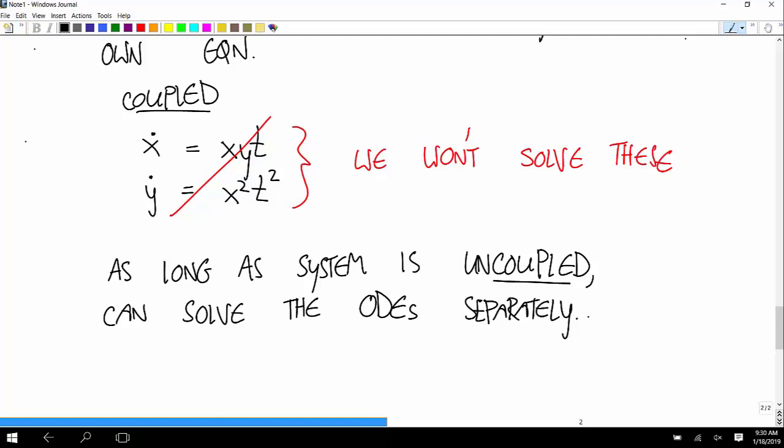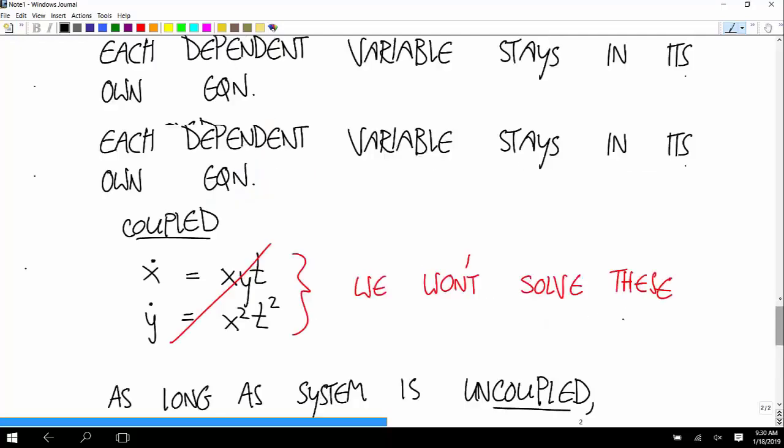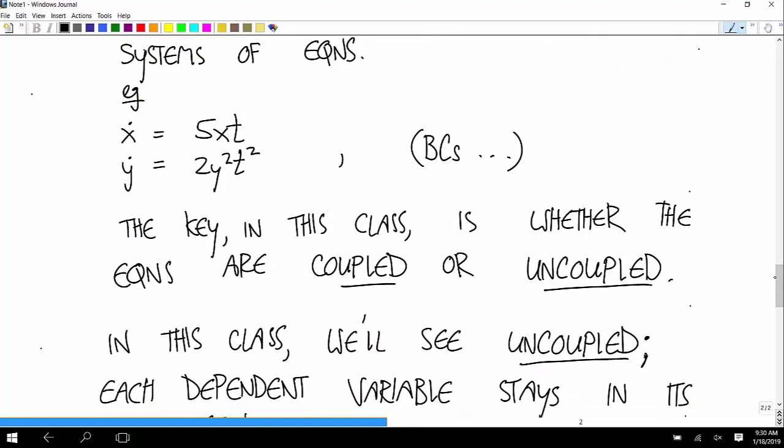Separately. Okay, so let's go back to the example I showed. Are those coupled or uncoupled? Those are uncoupled. That's good. And then can we solve? Well, that means we can look at them one by one. So let's look at the first one.